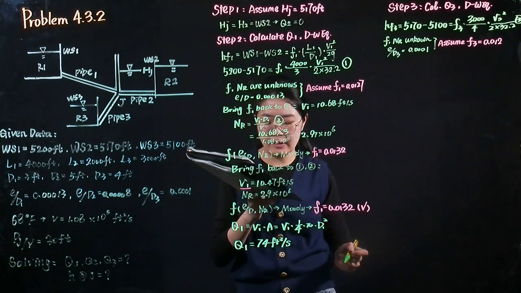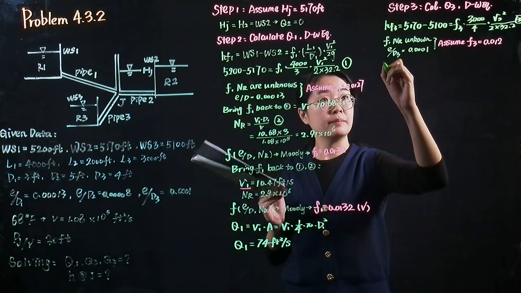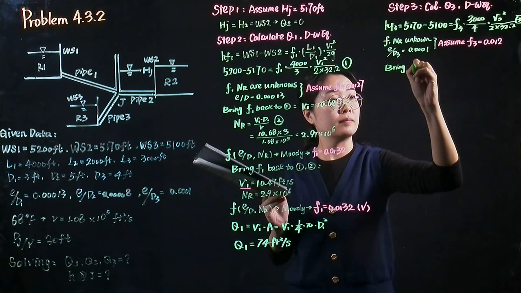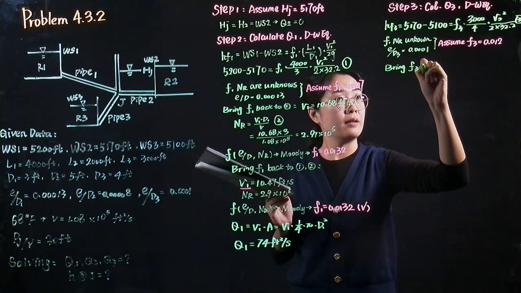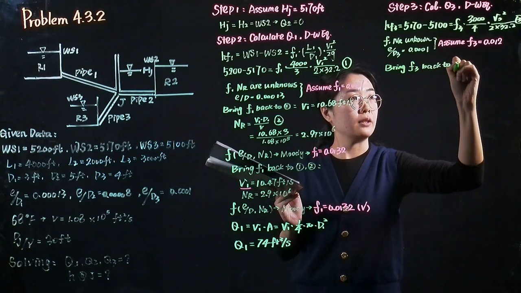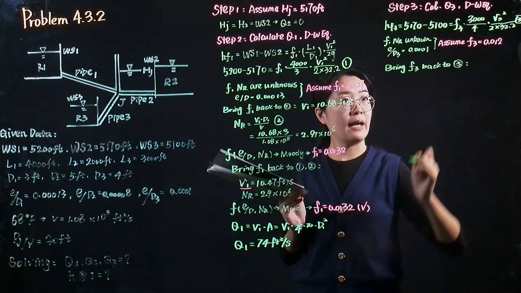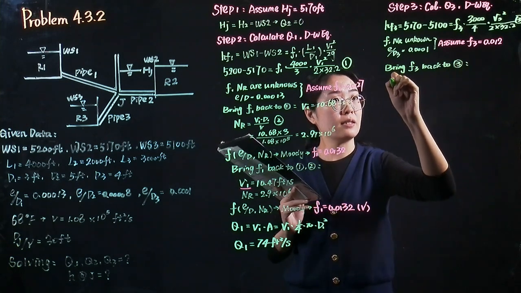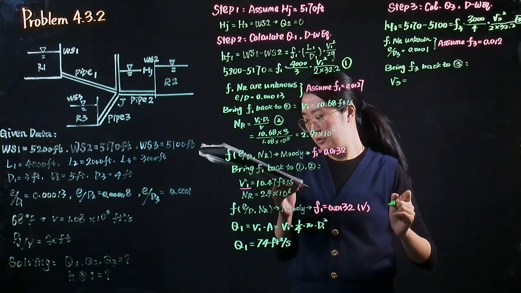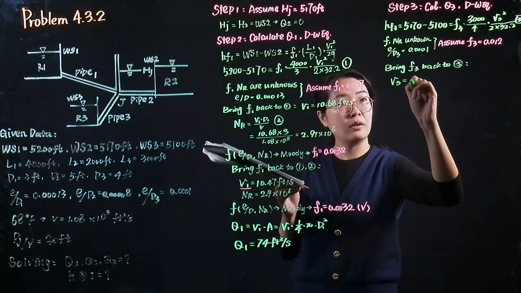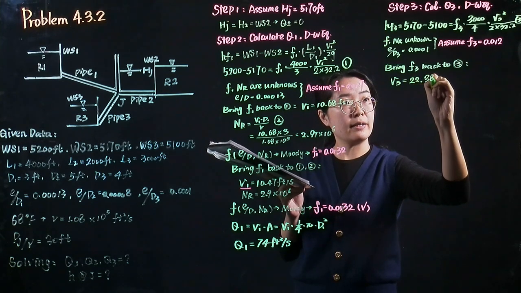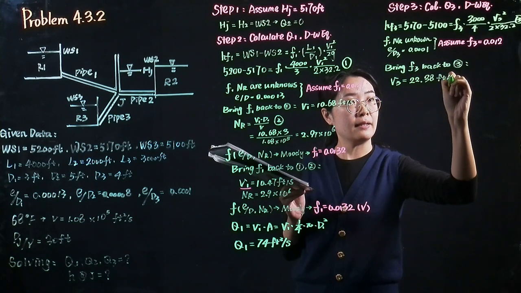If we bring F3 back to equation 3, we can calculate the velocity in pipeline 3. It equals 22.38 feet per second.